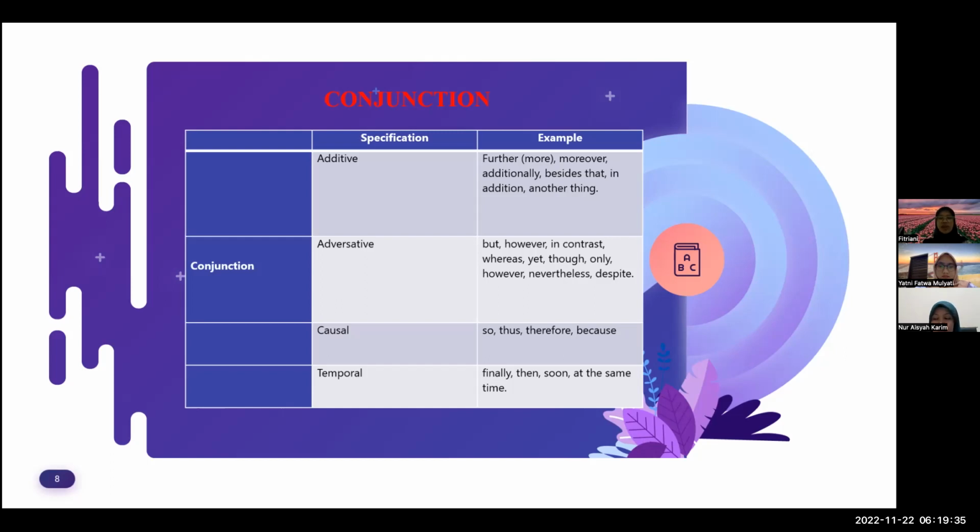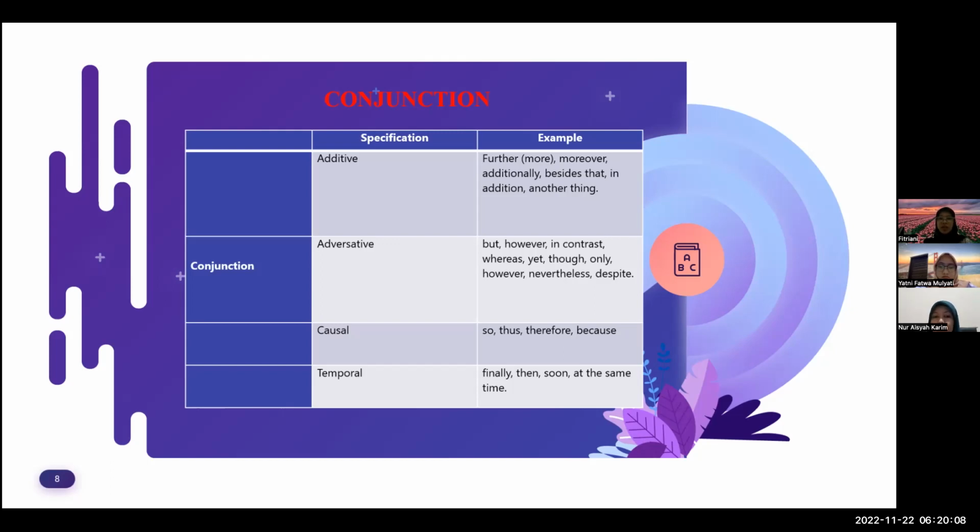The first one is additive, adversative, causal, and temporal. You can see in the table there are several specifications of conjunction, like I mentioned before, and the examples. I'm very sure we always use additive, adversative, causal, and temporal in writing.